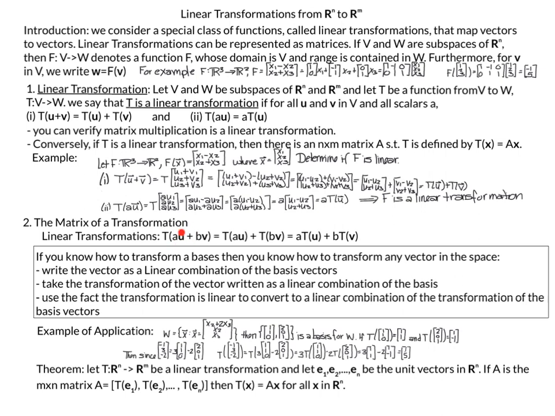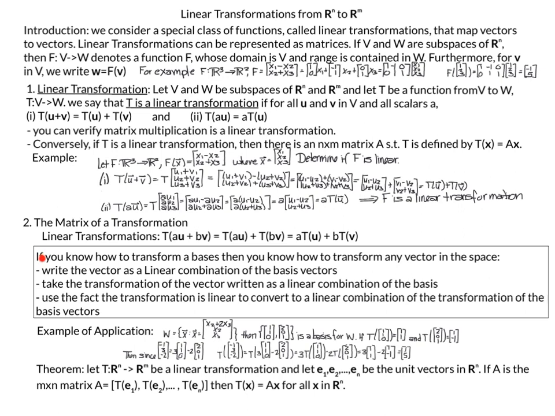Since the scalar multiple a times u is just a vector, and this scalar multiple b times v is also just a vector, then by this rule here, we can break this up into T of au plus T of bv. And now, because a and b are scalars, we can use the second rule and break this up to a T(u) plus b T(v).